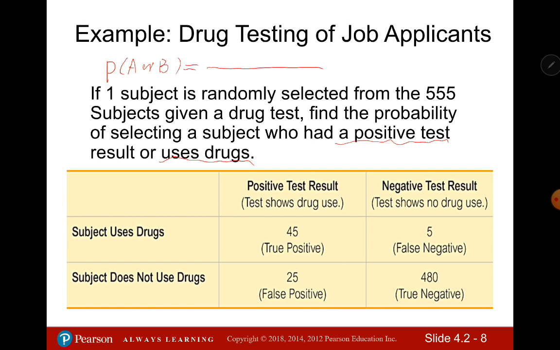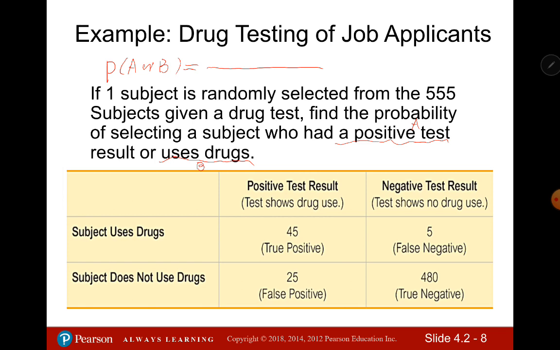The sum of event A and event B. But make sure not to double count. Event A here is the positive result, and event B is uses drugs.